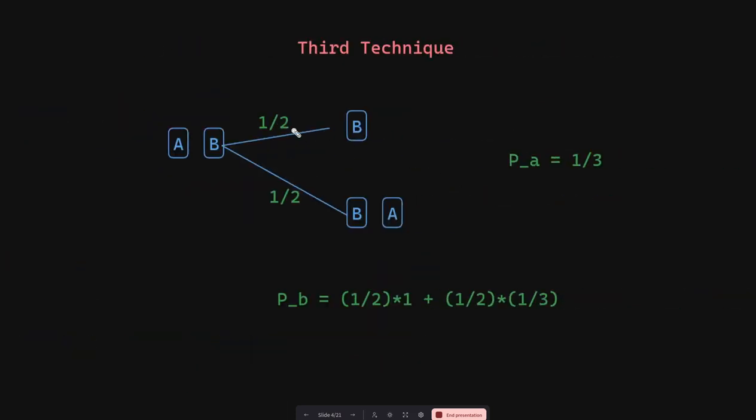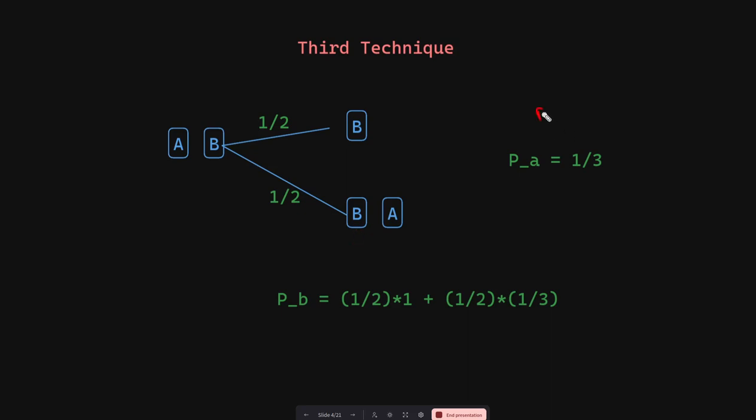But if you notice closely over here, on the first round either A is eliminated and B becomes the winner, or the configuration reaches B comma A. But you do not need to expand this further, because you are now interested in the probability of the person who is standing at the front of the queue being the winner, right?